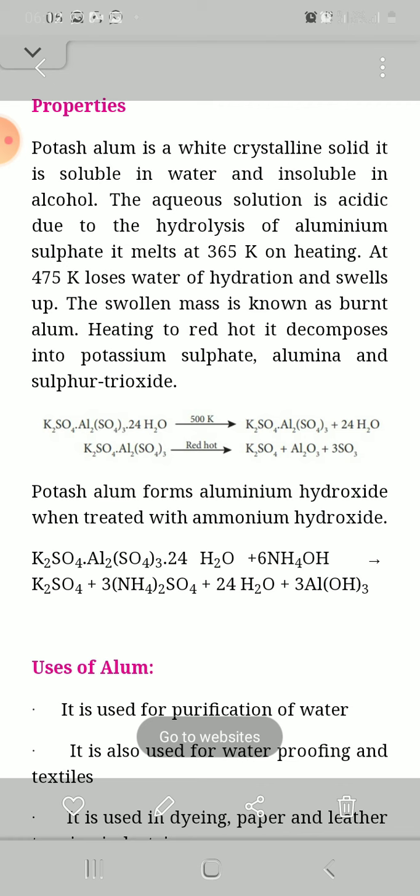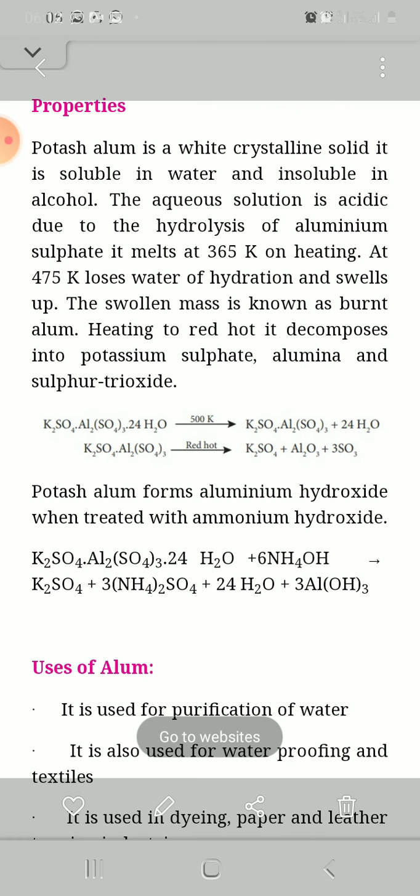Already you know that 24 H2O water molecules, it loses at 475 Kelvin, it loses water of hydration and swells up. Then the swollen mass is known as burnt alum.